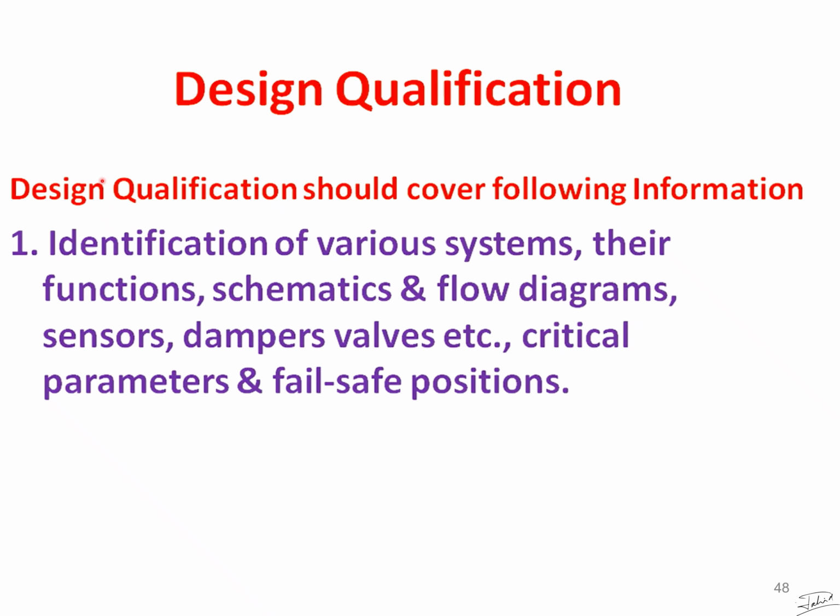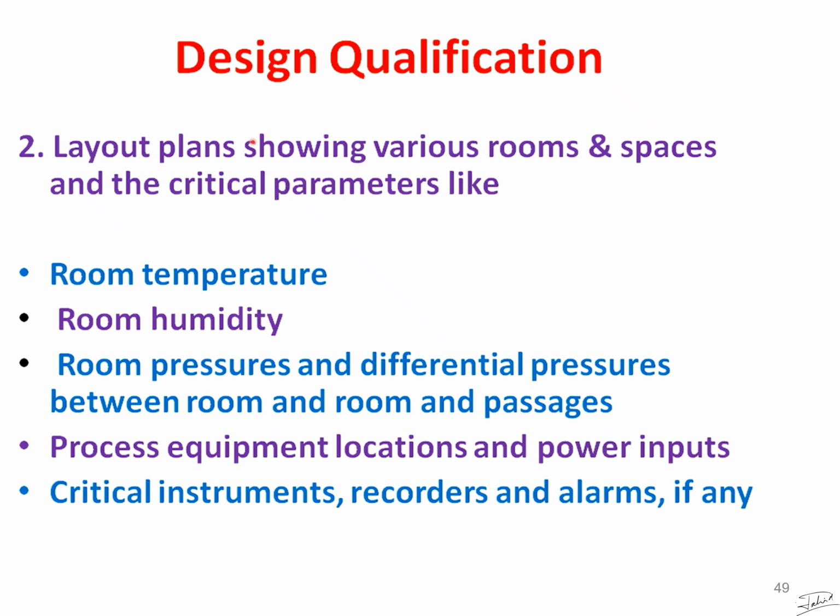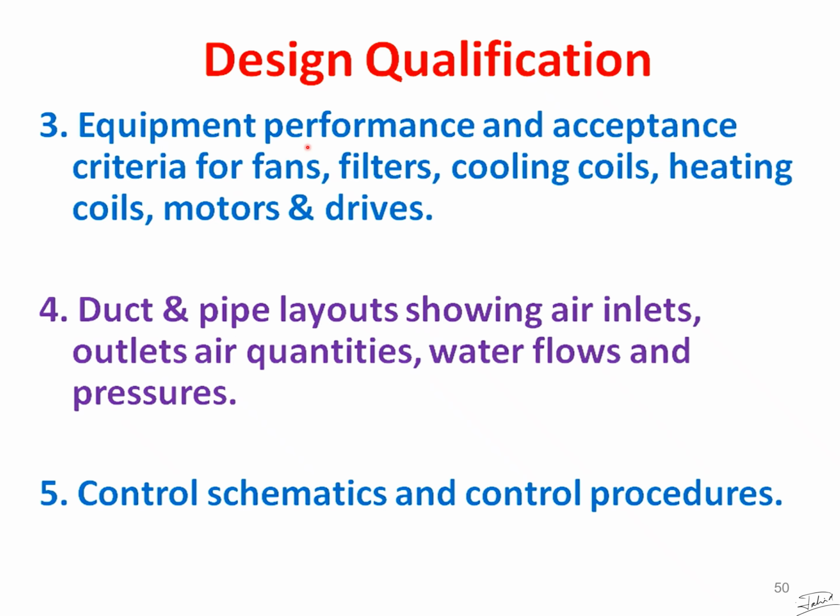So the design qualification should cover the following information: identification of various systems, their functions, schematic and flow diagrams, sensors, damper valves, etc., critical parameters, fail safe positions, layout plan showing various rooms and spaces and critical parameters, room temperature, humidity, room pressure, process equipment, location, critical instruments, recorder, alarm, equipment performance and acceptance criteria for fan, filter, cooling coil, heating coil, duct and pipe layout showing air inlet, outlet, air quantities, water flow pressure, control schematic, control procedure.